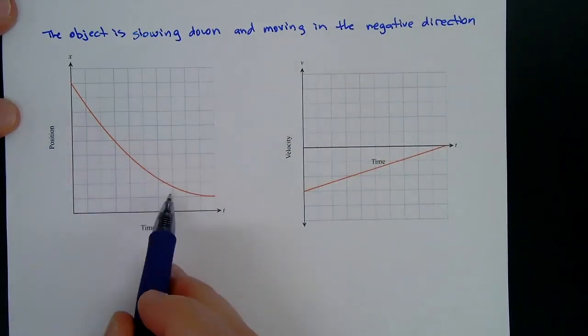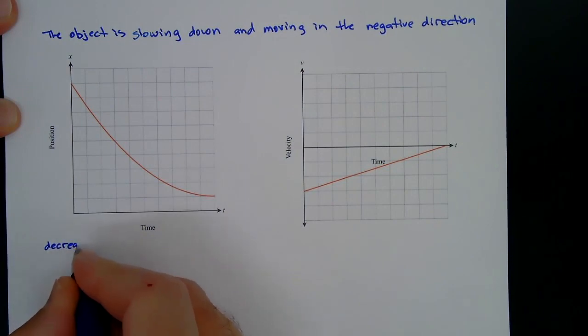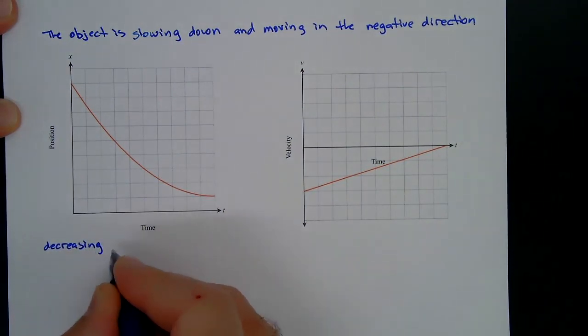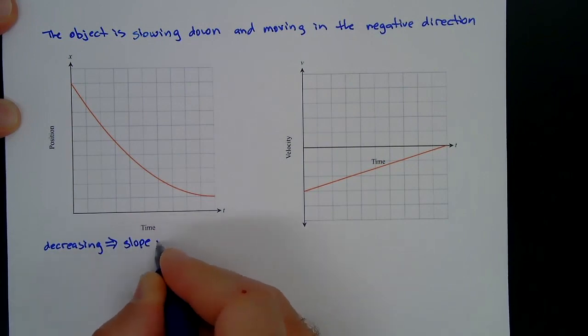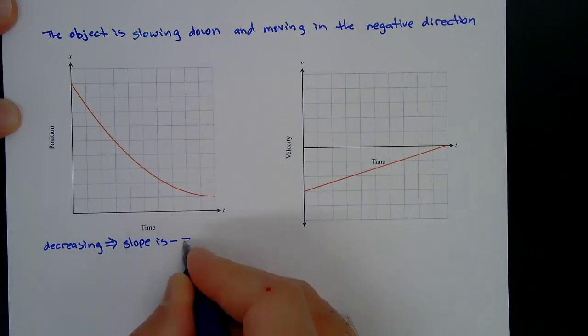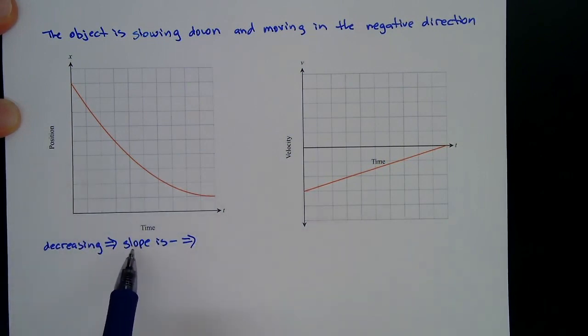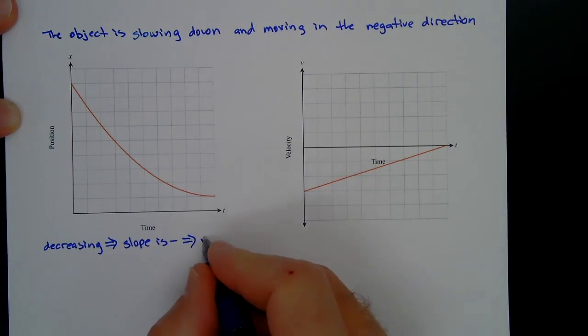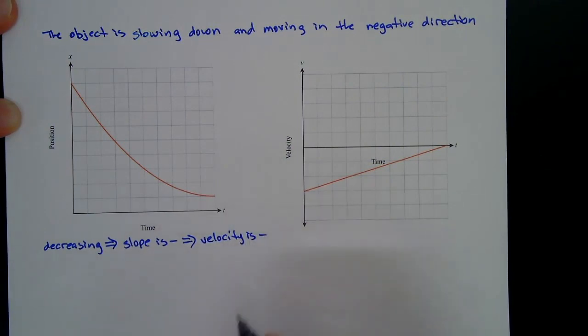All right, so you look at this, it's decreasing. Since it's decreasing, that tells me the slope is negative. Because the slope is negative and we're looking at a position time graph, the slope is the velocity, so the velocity is negative. Let's come over here.